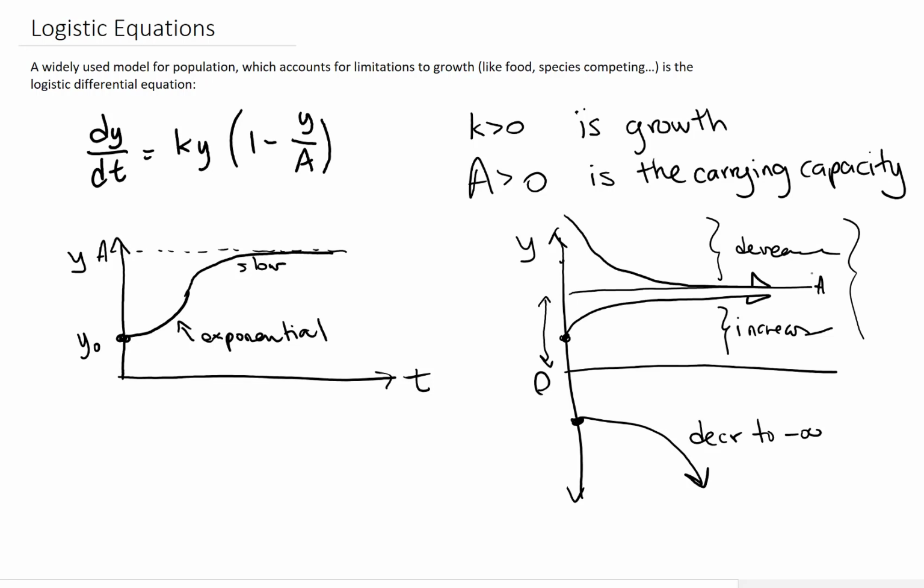As they go towards infinity, they start to stabilize. So the general non-equilibrium solution looks like this. And again, the non-equilibrium solutions are where it decreases or where it increases. Only a is really an equilibrium solution because it never changes.